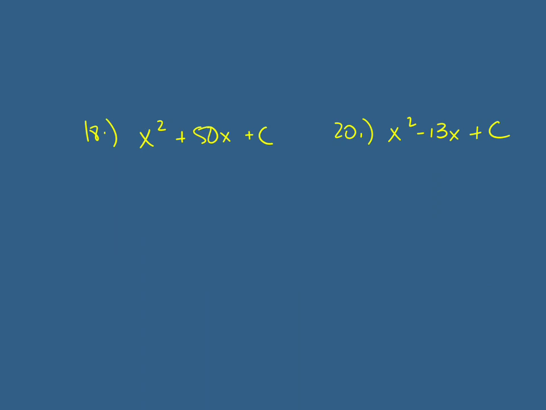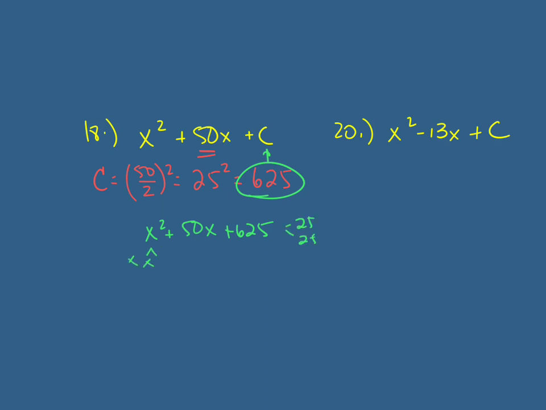18 and 20. Very similar. So there's my B. I'm going to say C equals 50 over 2 squared, which is 25 squared, which is 625. Now remember, I'm going to plug this 625 in right there for C. And it does work. x and x, 25 and 25.